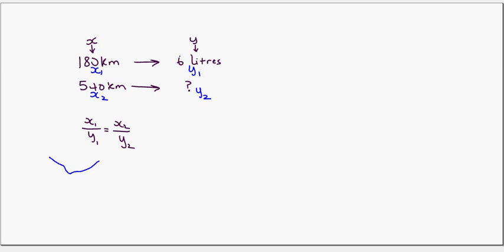x1 will be 180 over y1 will be 6, is equal to x2, which is 540, over y2, which is unknown. So we put back y2 like that. So what happens then? We learn something called cross multiplication.